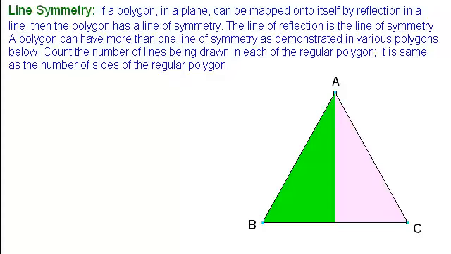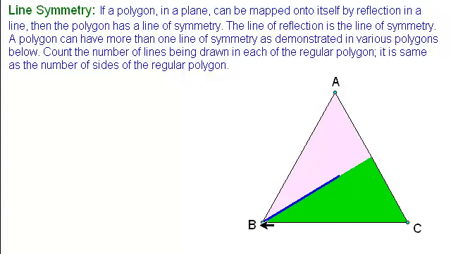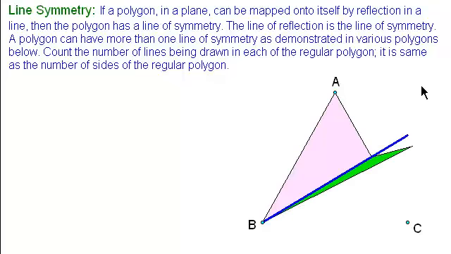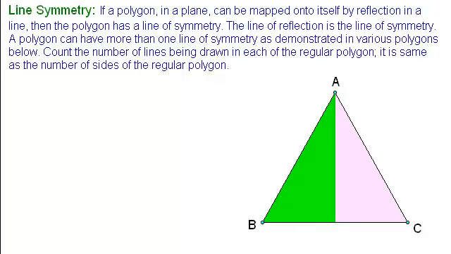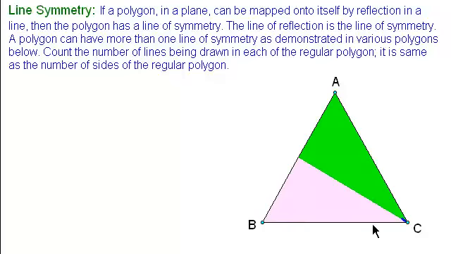Let us try the other one. Let us see what the next one is. Trying from another vertex, I can draw this. When I fold it, it maps onto itself, and this is the second line of symmetry. Likewise, I can draw the third one, and you fold it.